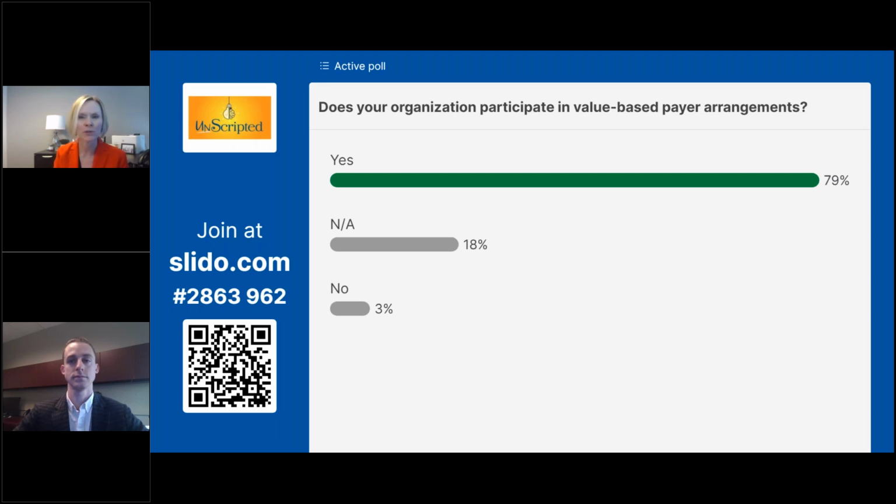But the other 79% of the participants today do participate in value-based payer arrangements. I'm guessing everybody participates in Medicare, and Medicare does have some value-based payer elements with it. So that's terrific.